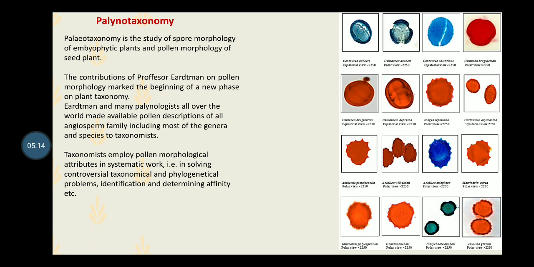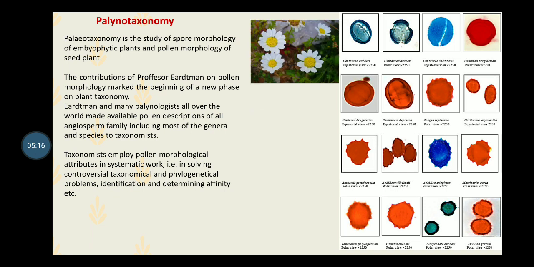So here I will show you the picture of a plant, Centaurea, which is a very common garden plant, and the first 6 diagrams are pollen grains of this genus. But the species are different, that's why there are different types of pollen grains.